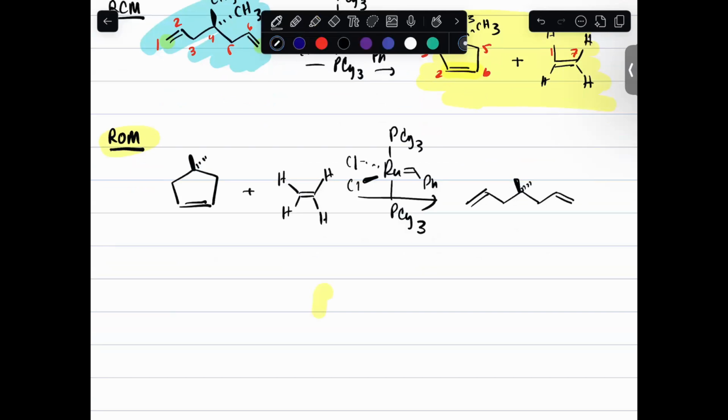As before, you start off with your catalyst, and you introduce your starting material. I'll go ahead and start off with my five-membered ring because that's what I'm trying to open.